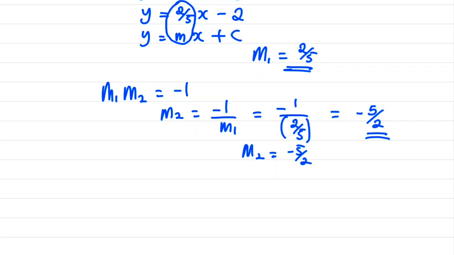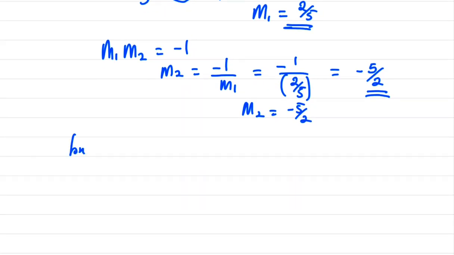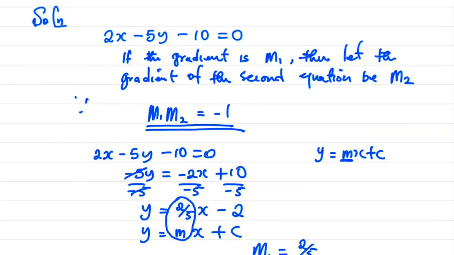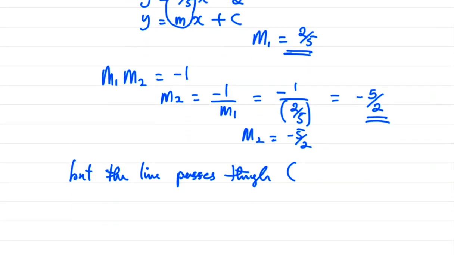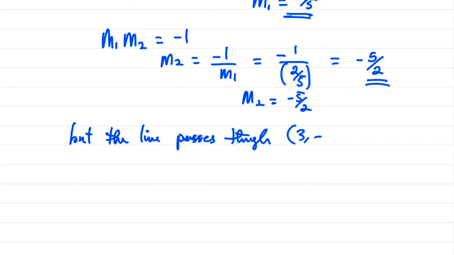Now, I have a gradient, but the line passes through (3, -1). Now you can see that we have a gradient, then we have a point through which the line passes.